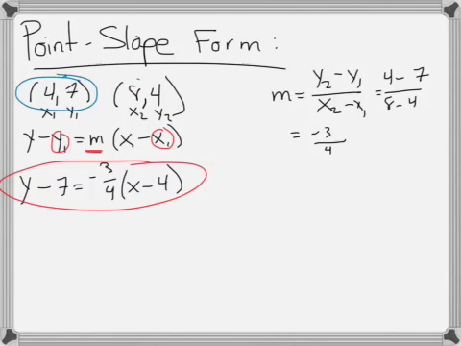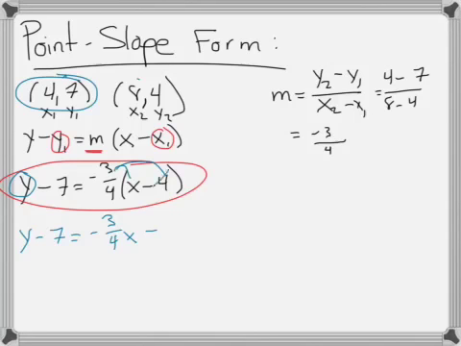But if you wanted to go one step further, let's say you wanted to get that function into y-intercept form, all you need to do is solve for y. The first thing to do is distribute out that negative 3/4. So you're going to have y minus 7 on the left-hand side of the equal sign is equal to negative 3/4 times x, minus 4 times negative 3/4.